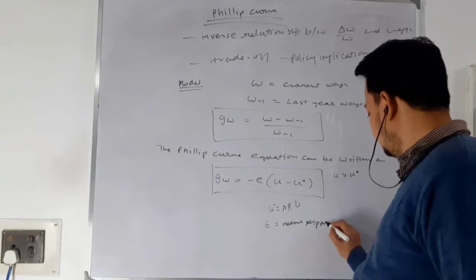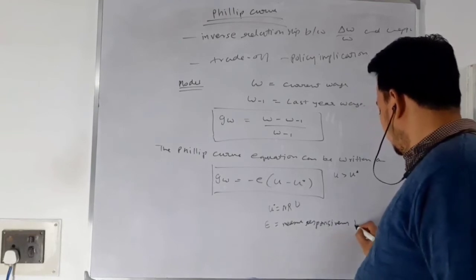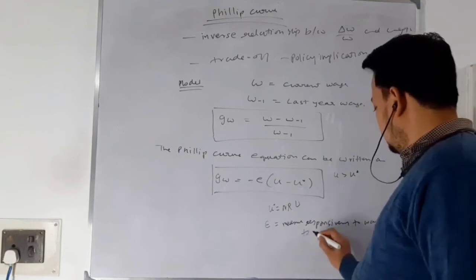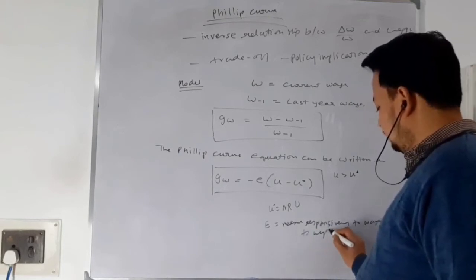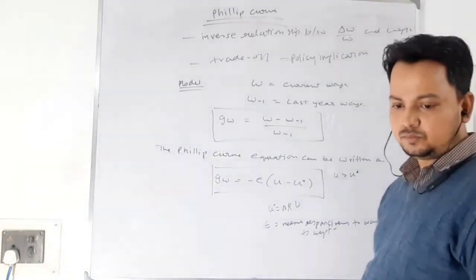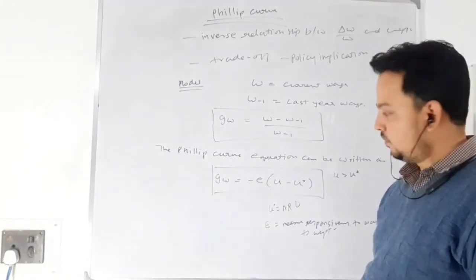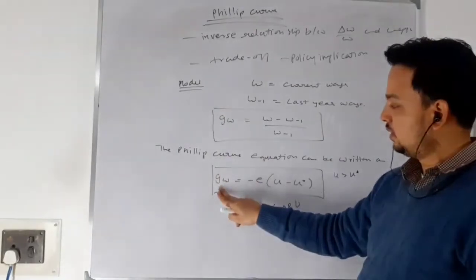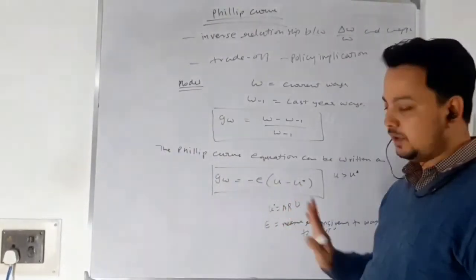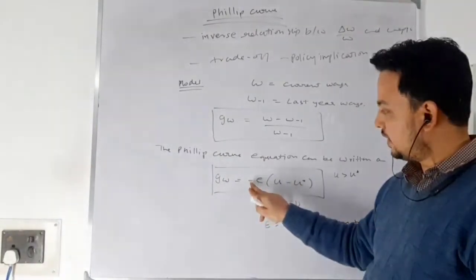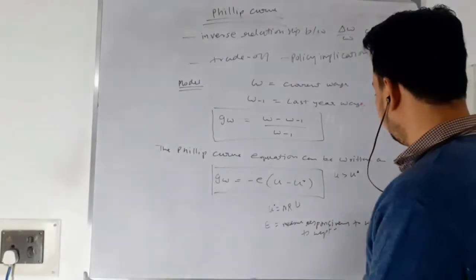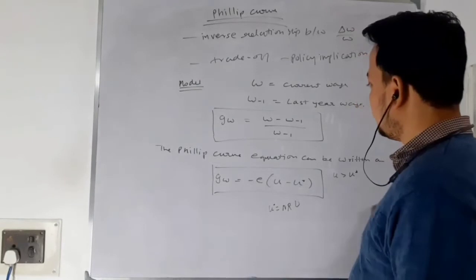And this negative sign shows that the Phillips curve has a negative relationship between wage inflation and unemployment. That is why there is a negative sign here. I have taken a linear function.